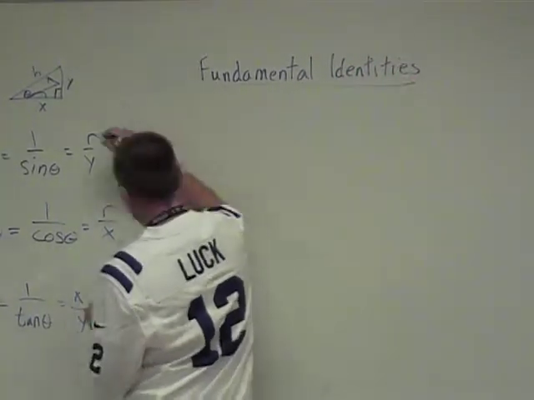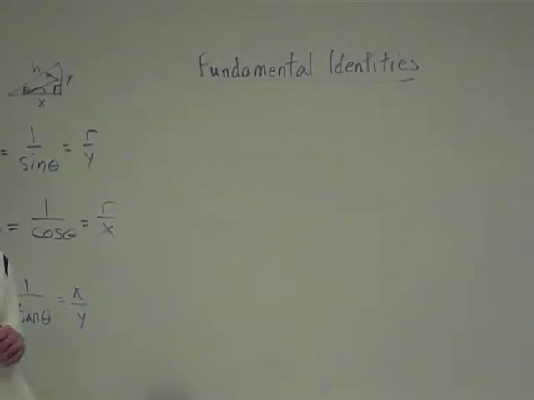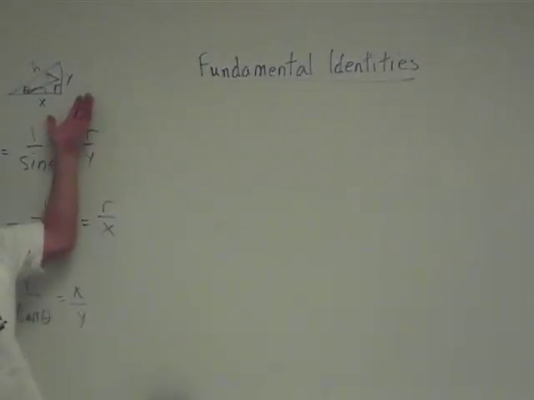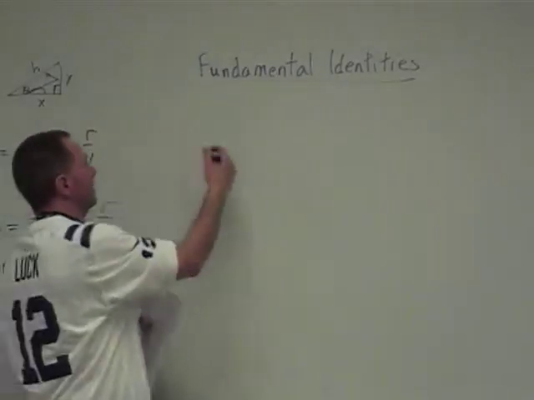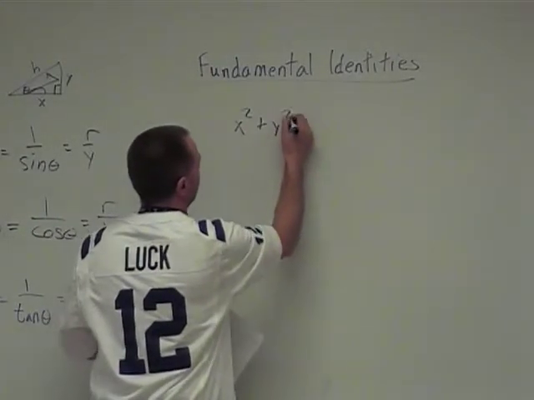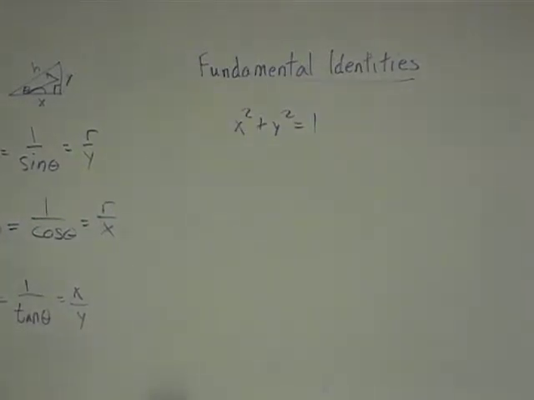In a right triangle, how do you use the Pythagorean Theorem? X squared plus y squared equals h squared, right? Now in a unit circle, h is 1, and you have x squared plus y squared equals 1 squared, right? In a unit circle, the r is 1.